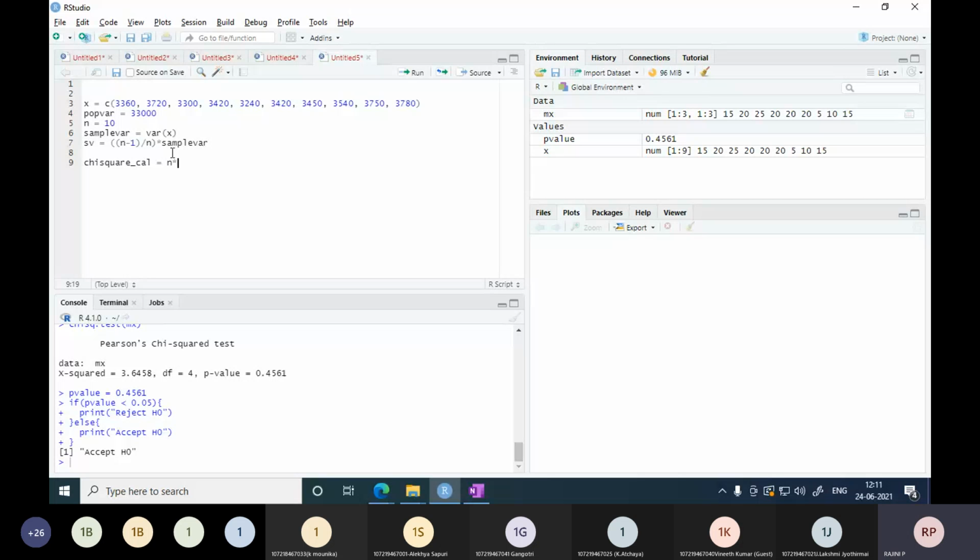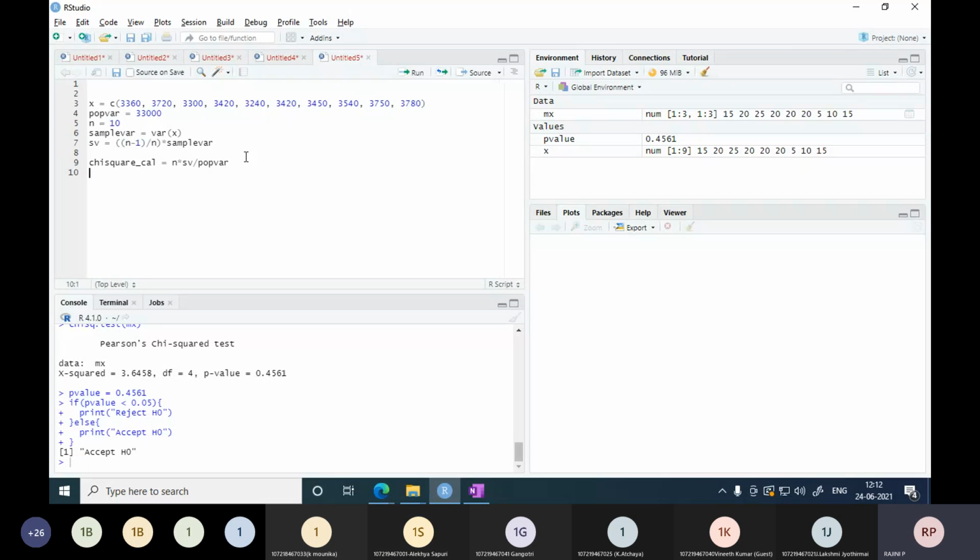SV, we need to take. N s square divided by sigma square, which one we need to take? Check the data. Population variance. I gave the name POPVAR. Write that, pop variance. Got it, everybody? N s square by sigma square.